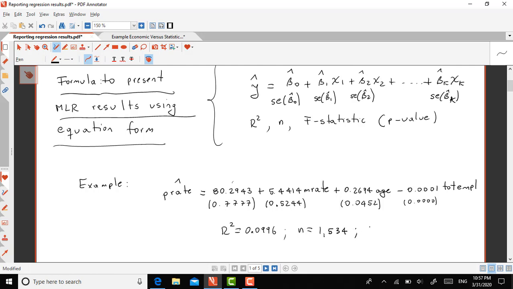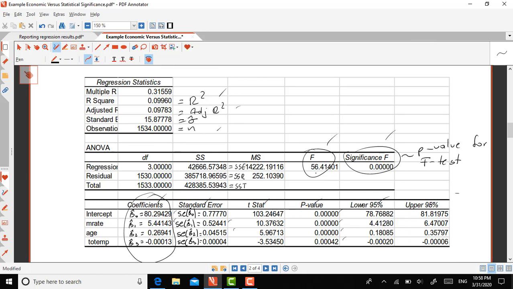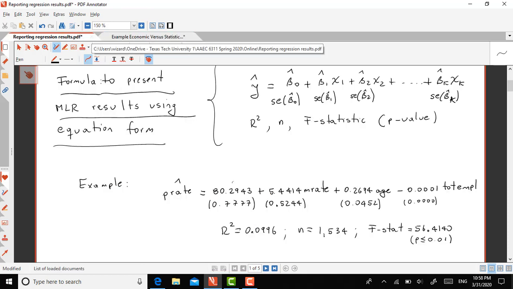The F statistic is equal to 56.4140, and the p-value is less than 0.01. If we go back, 56.4140, and the p-value is less than 0.01. Okay, and with that, that's basically the application of this formula for the specific context of our example.